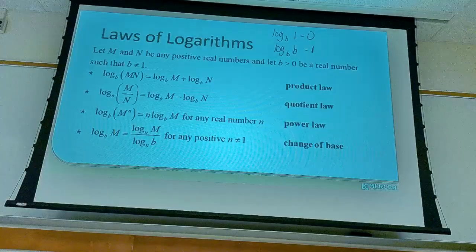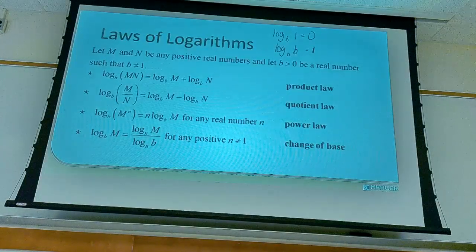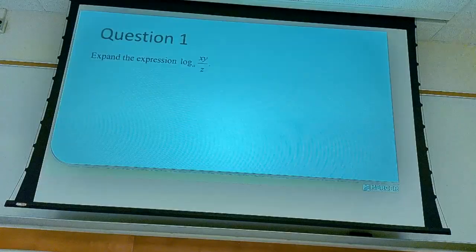And so we'll now work with these. Again, what we're about to be doing, while not always necessary in calculus, it can make your life a lot easier.